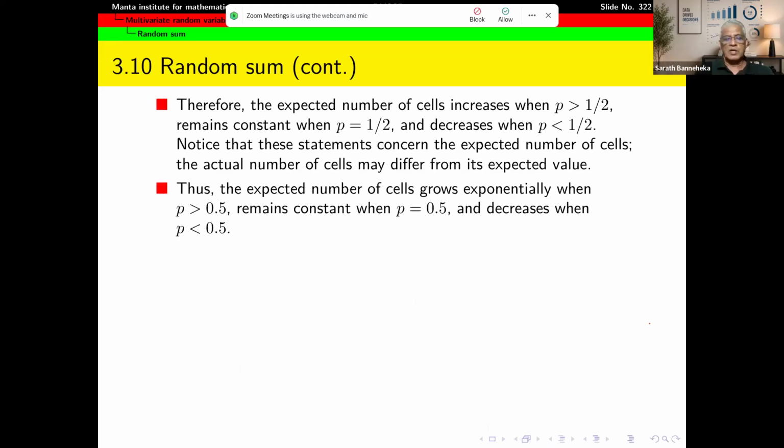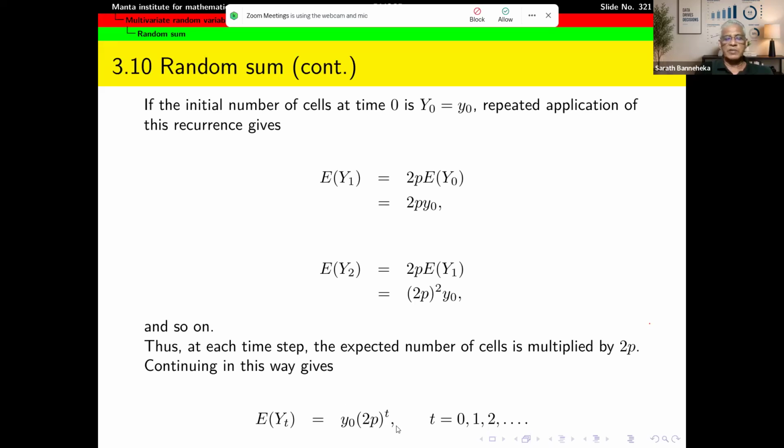Whether this number is increasing or decreasing will depend on the value of p, because Y_0 is a fixed value. If p is less than 0.5, this will be a decreasing quantity with t. If p is equal to half, then 2p will be 1, so in that case this will be constant, Y_0, for all t values.